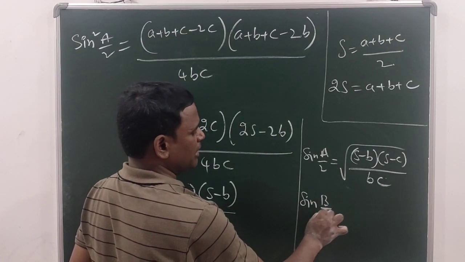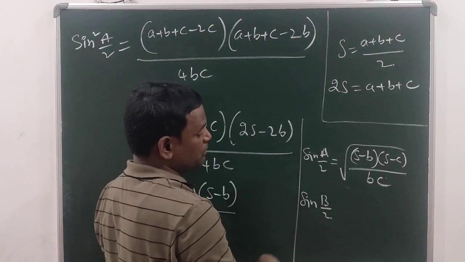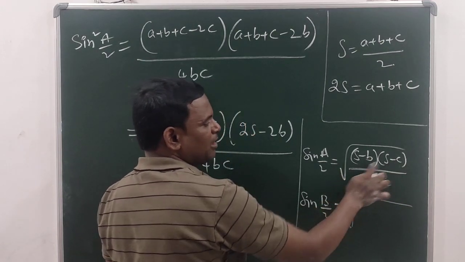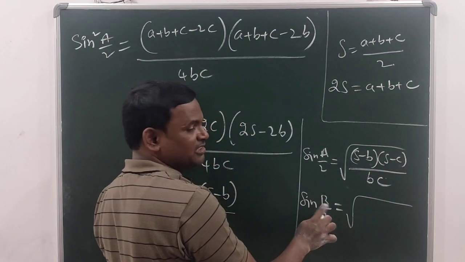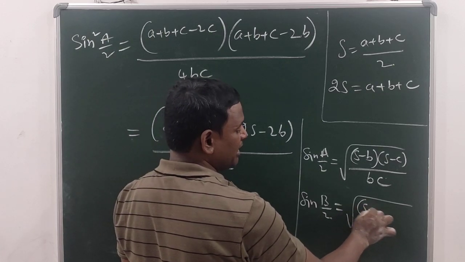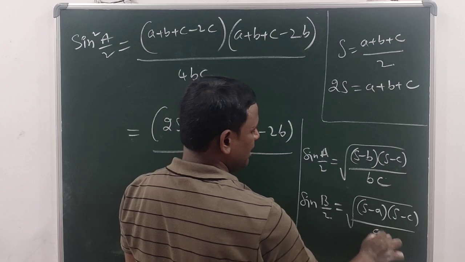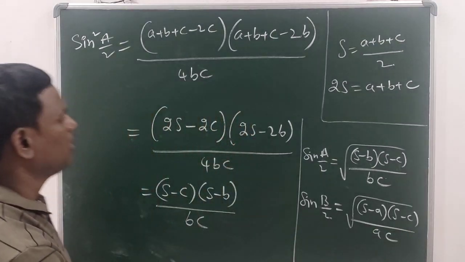Similarly, if you follow the same rule, same procedure, you will get sin B by 2 is equal to, here A means bc combination came, now here B means what combination do you get? S minus a, S minus c by ac you will get. Right.